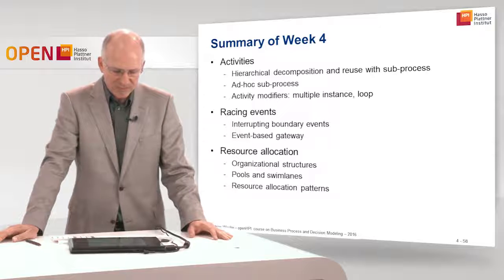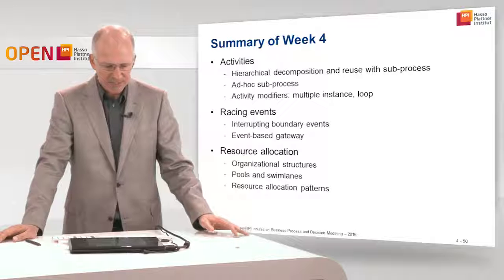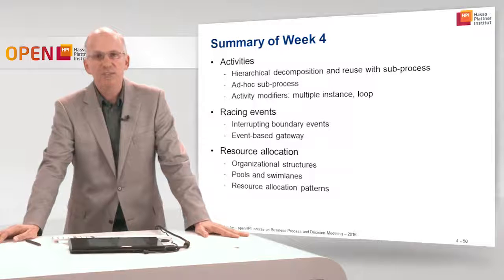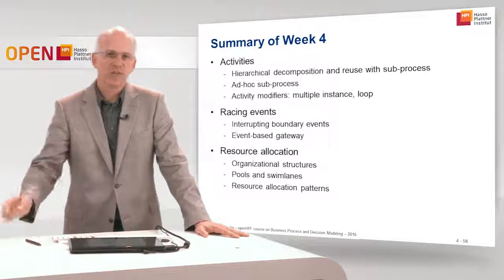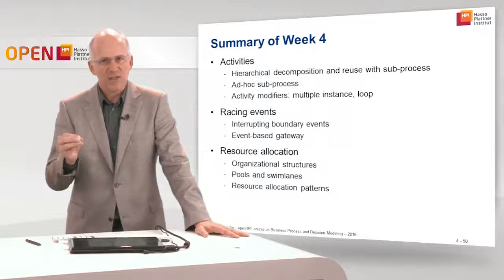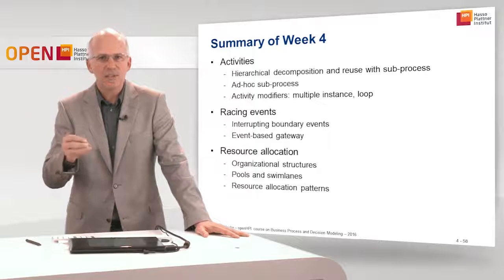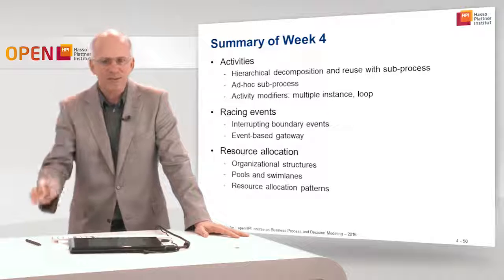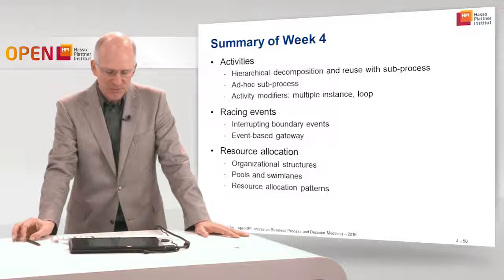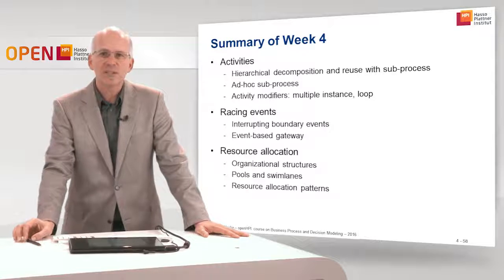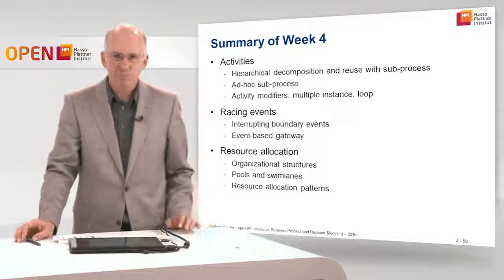We discussed racing events in two contexts. So one is interrupting boundary events. Racing events in general are events that race against each other. One wins and the other loses, and the winner decides where the process continues. And we learned a new gateway that only comes as a split gateway, which is the event-based gateway.